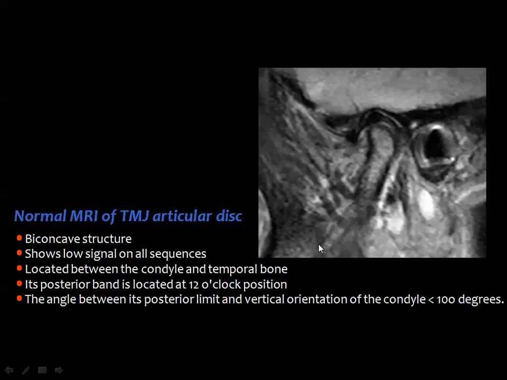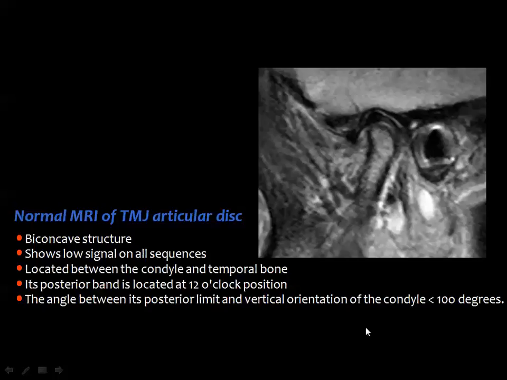In the normal situation, you see the articular disc, which is this black structure, as a biconcave structure. This is the anterior band, this is the intermediate zone, and this is the posterior band, and this is the retrodiscal or the bilaminar zone. Here is the mandibular condyle, this is the mandibular fossa, and this is what we call the mandibular eminence.